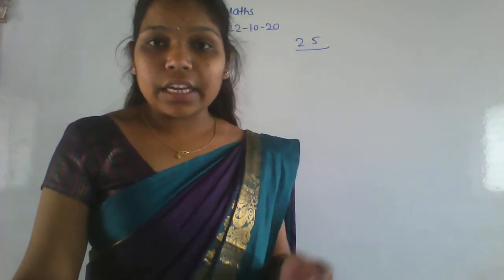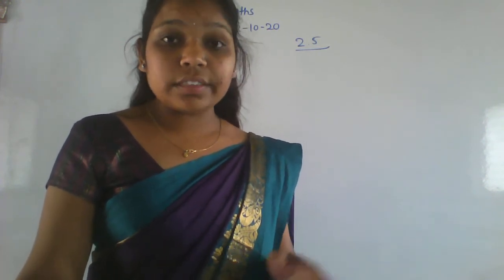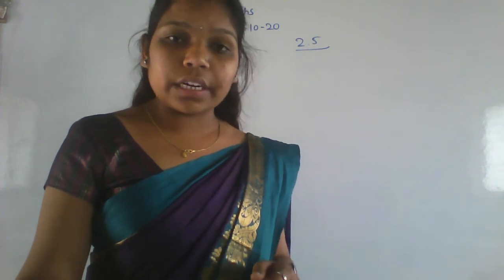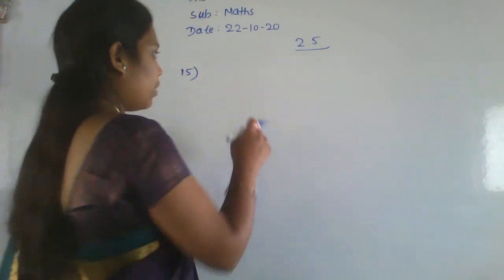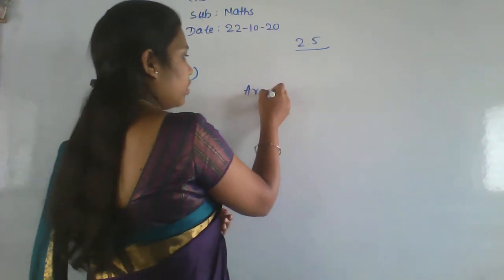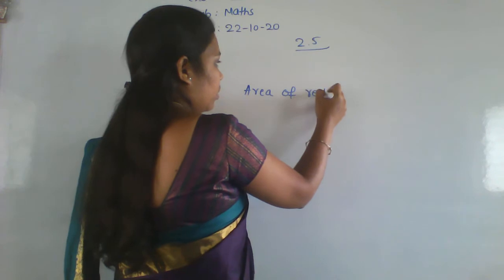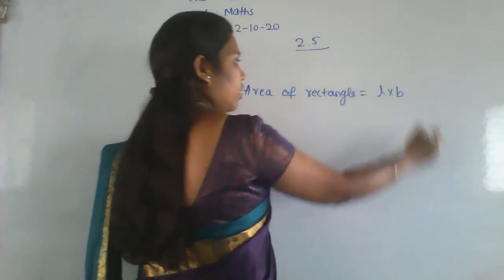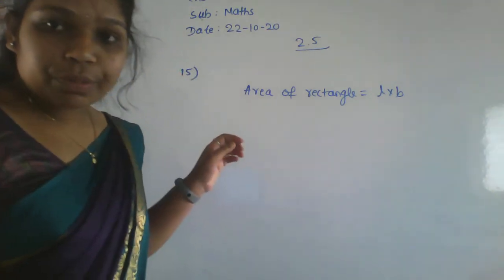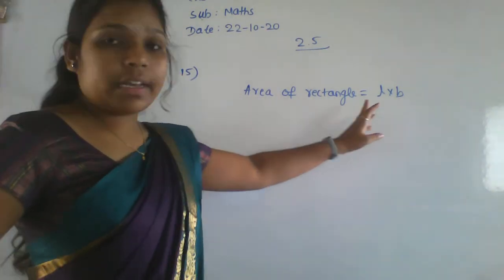Okay, they gave an area of a rectangle. You have to find the length and breadth. You know the formula of area of rectangle. Area of a rectangle is equal to L into B. Right?